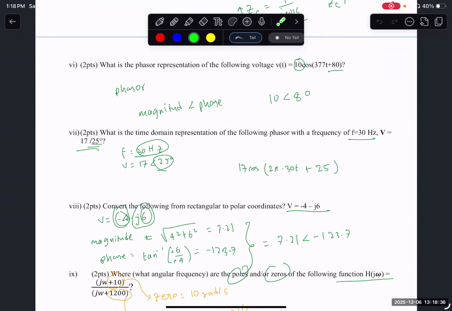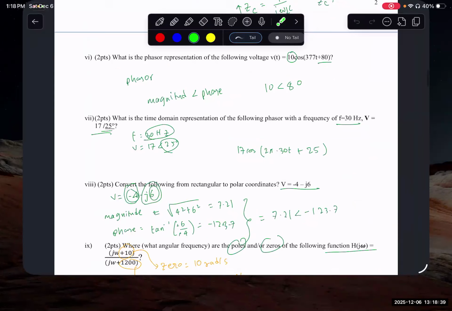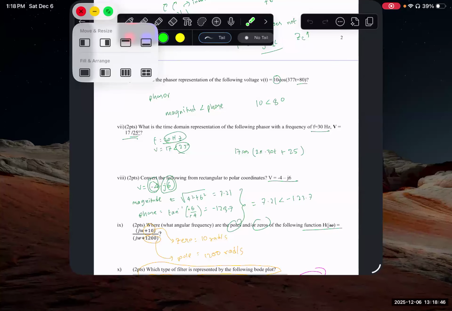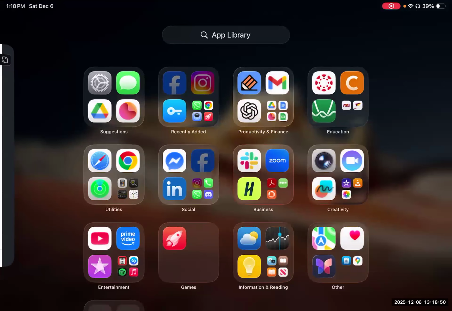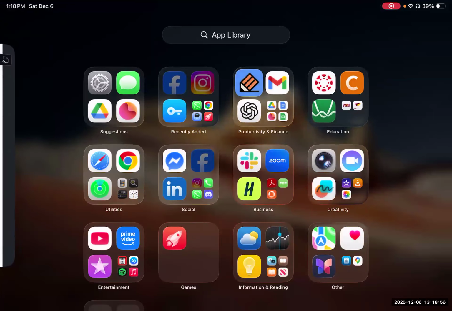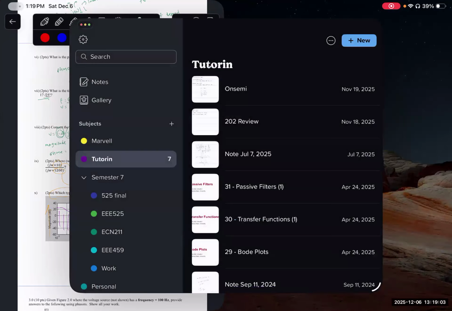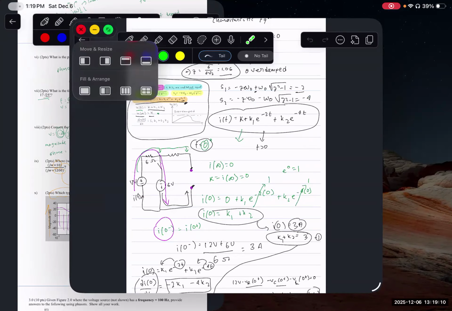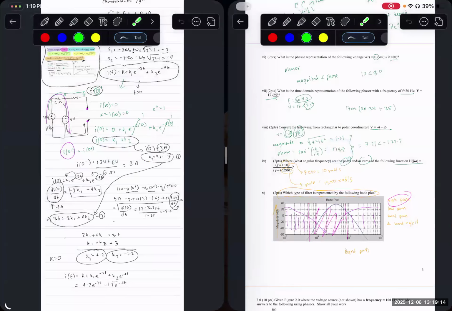So what I'll do is I'll have it both sideways. One, 1 second.